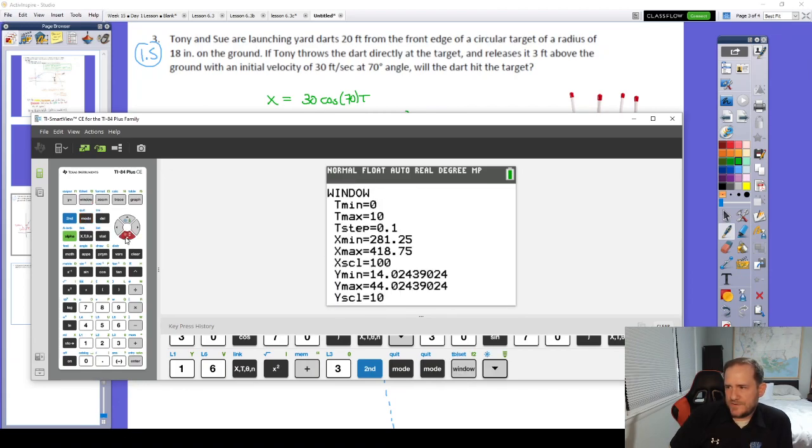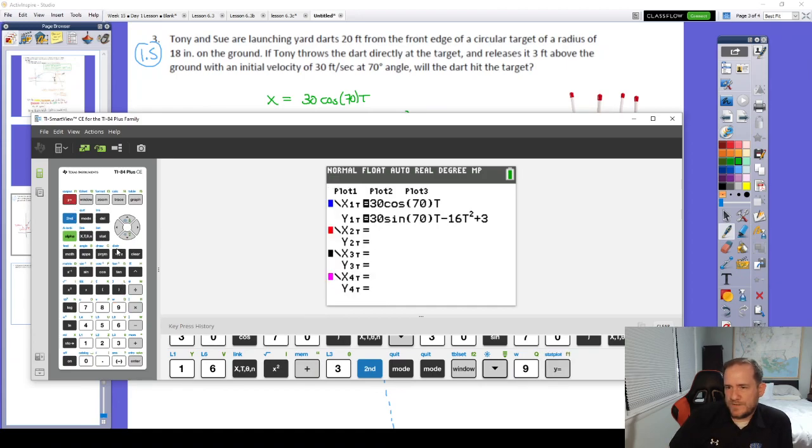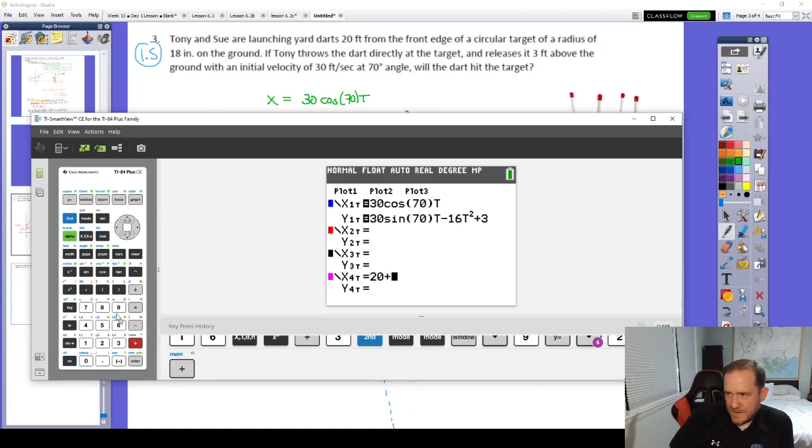I'm going to change this to 9 seconds because of reasons. Let's go to the magenta one. And what do I want my x to be? I want my x to vary from 20 to 23. So I'll do 20 plus a third of t. That's why I made it 9. Because now 9 divided by 3 will add on the x to 3. And where do I want this to be? At a height of 0, of course.